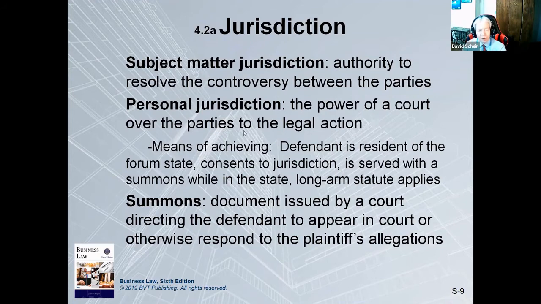Now, in addition, the court has to have personal jurisdiction, meaning it doesn't do you any good to file a case in North Carolina if everybody's in another state and you can't get them to North Carolina in order to respond to the case. So personal jurisdiction is important also. A summons is what is served on you telling you, hey, you've been sued, you need to show up in court.